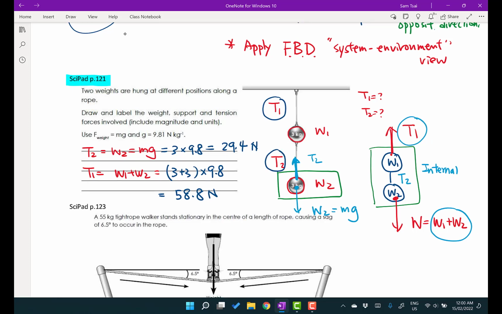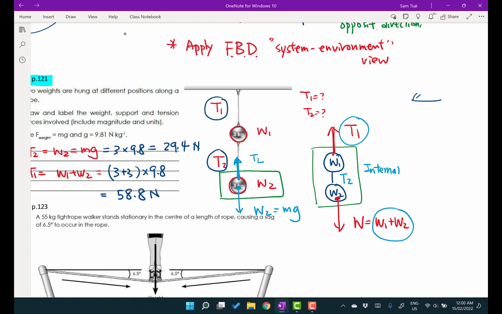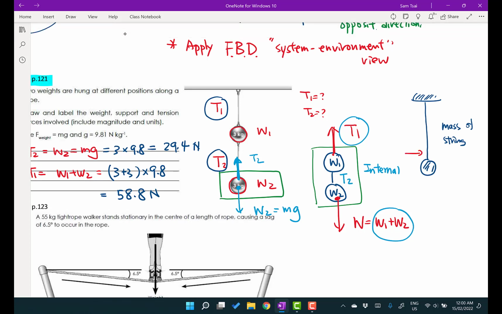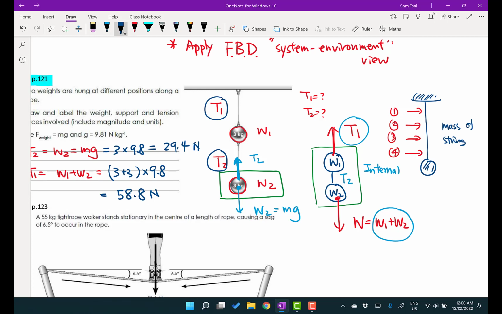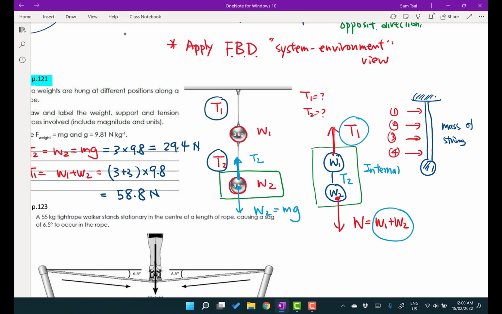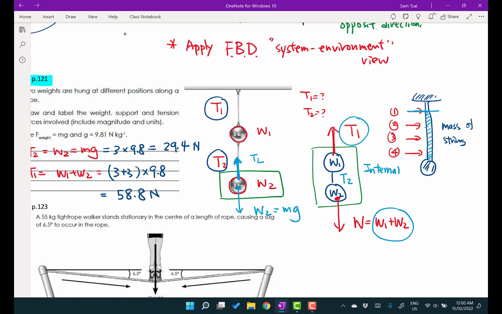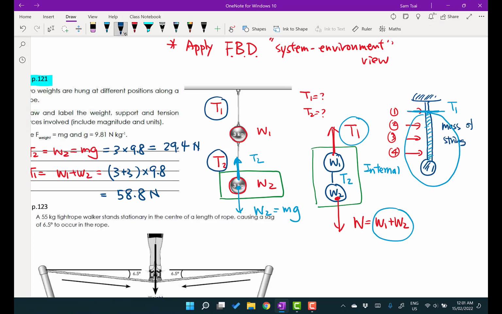The important concept here is that normally we assume we can ignore the mass of the string, so all the tension will be the same value inside of the string. But in reality, if we need to consider the mass of the string, T1 in this position will need to support more mass compared with T4, for example.